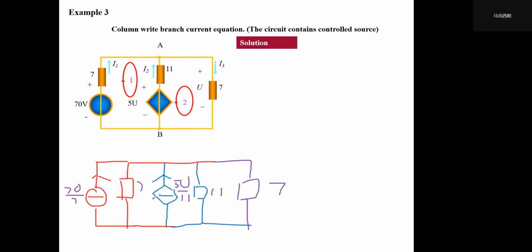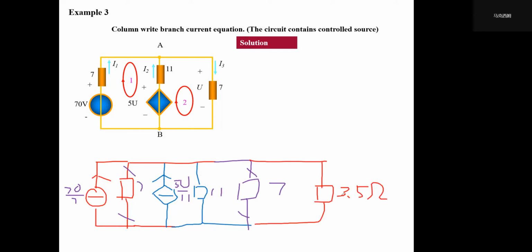And we also know that we can replace this one with this one, and we can have another one to represent the total relationship, which is 3.5 ohm.